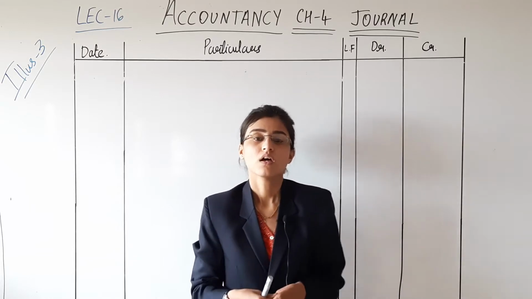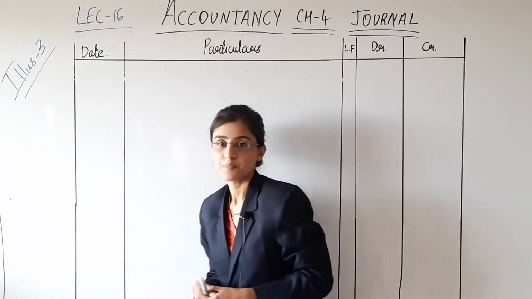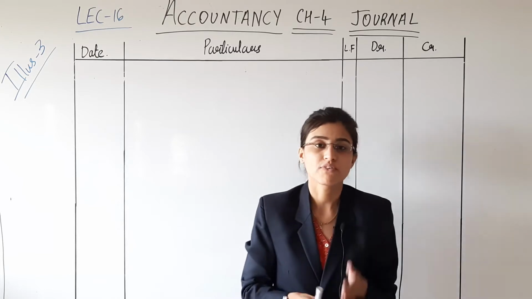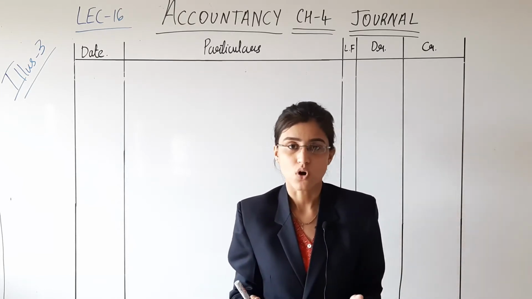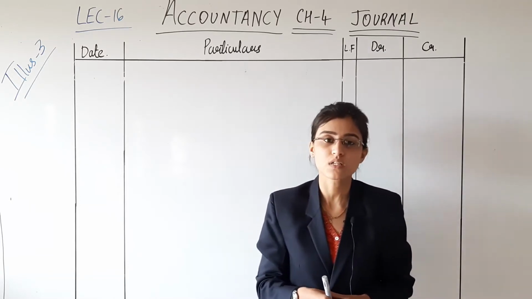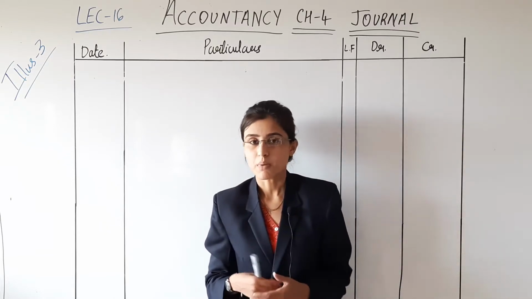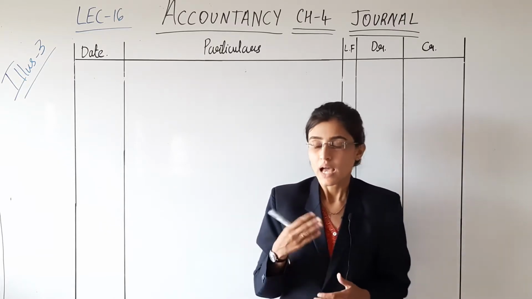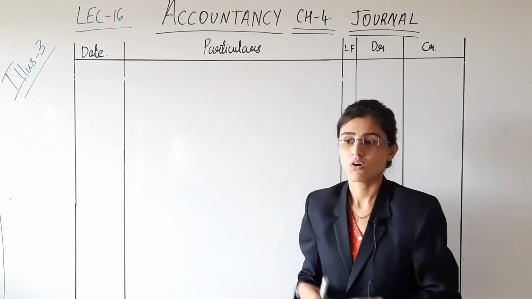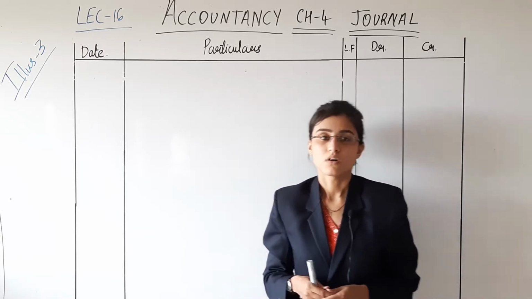Alright? Okay. So today we are going to start with illustration 3 as I have written on the board. Illustration 3 is related with the transactions of capital and drawings. So firstly, what is capital? An amount introduced in the business by the owner, or you can say an investment made by the owner. Anything that the owner brings in the business, let it be cash or in the form of an asset, is termed to be capital.